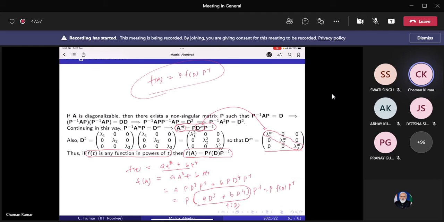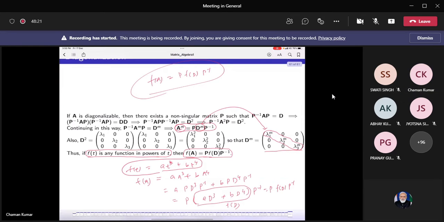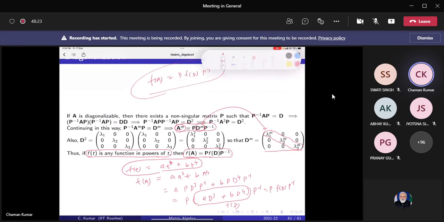So for this specific polynomial, we are able to show this relationship. But even if you take any general polynomial of any arbitrary order, you can apply the same argument to show that f of A is equal to P times f of D times P inverse. Okay, so this is also a very important relationship. It may be helpful in solving some quiz questions.